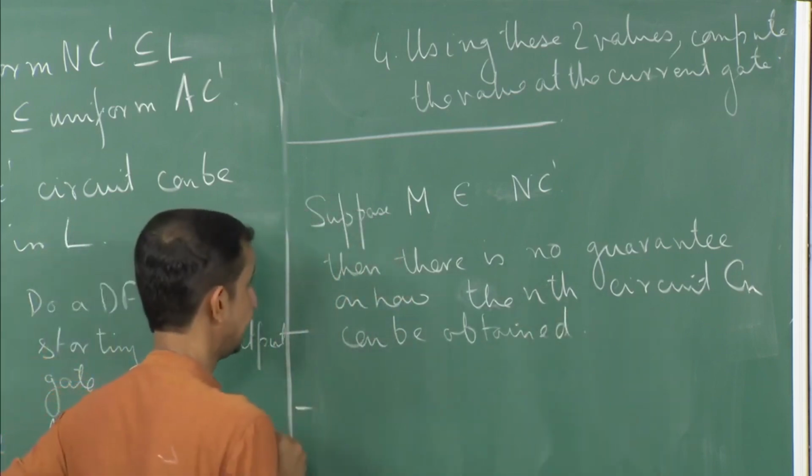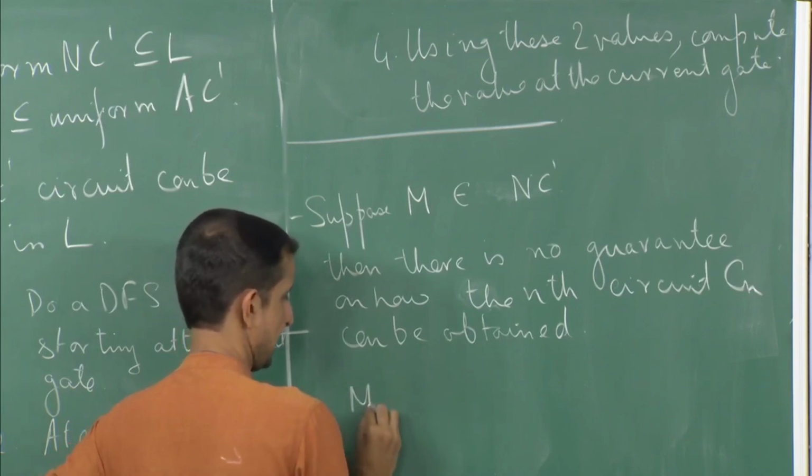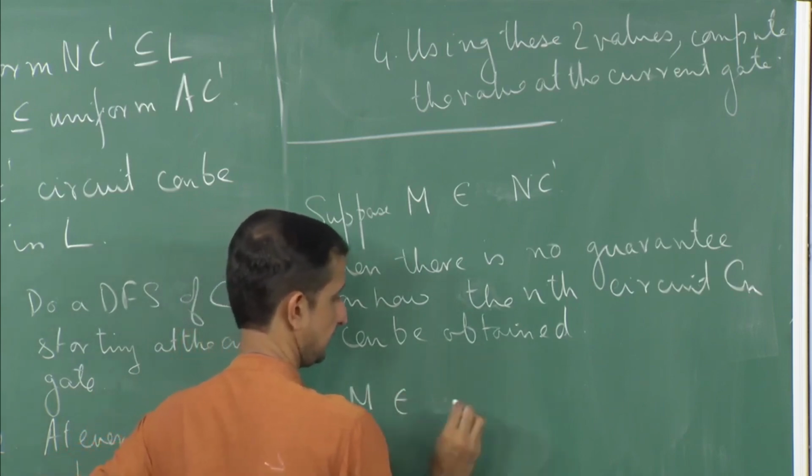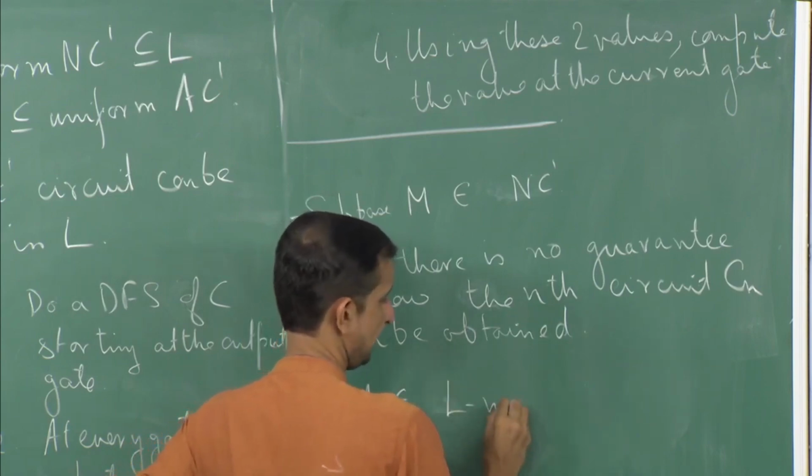Okay. On the other hand, suppose that M was in L uniform NC1.